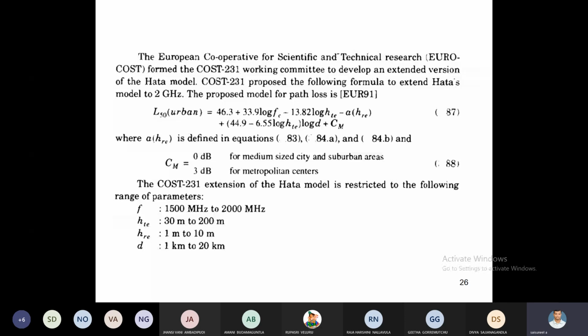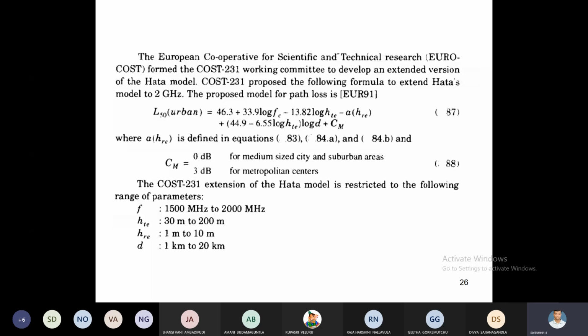HTE is equal to 30 meters to 200 meters. HRE is equal to 1 meter to 10 meters, and D is equal to 1 kilometer to 20 kilometers. Once we know these, we substitute in the above equation number 87. We get the path loss for urban areas. That is called the PCS extension to Hata model.